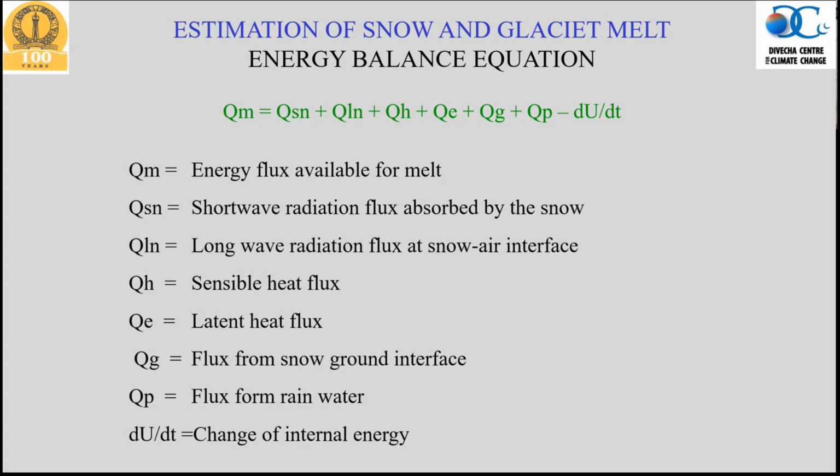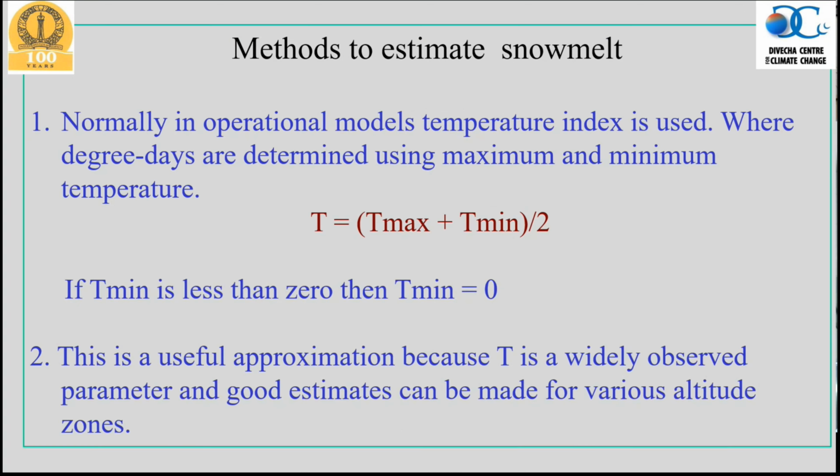This process is important till the entire snowpack becomes isothermal, that means it comes to 0 degrees Celsius. Until such time, these processes are very important. So that is how energy exchange is all about.